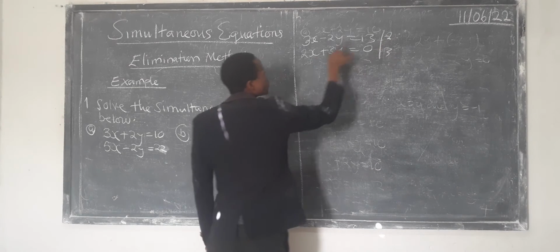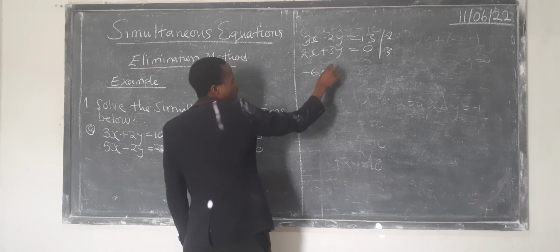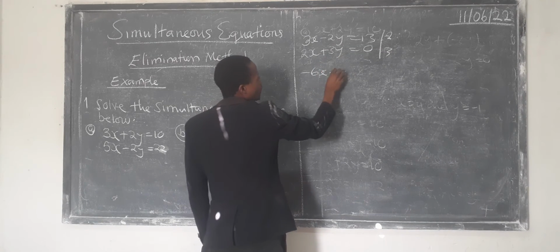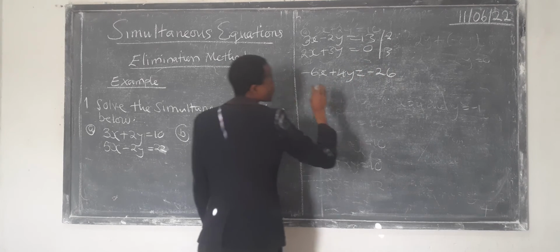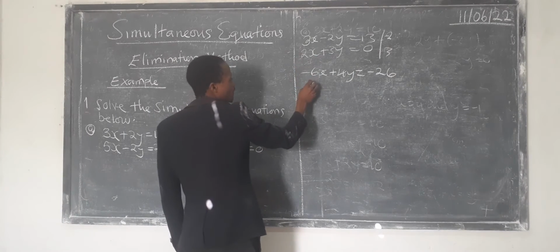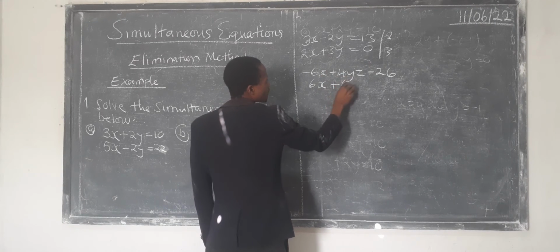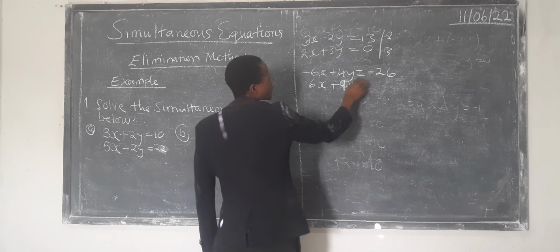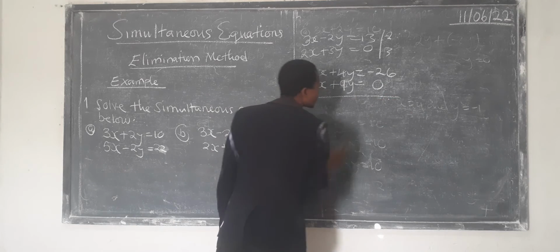So we have negative 2 times 3x, which gives negative 6x, and negative 2 times negative 2y, which gives positive 4y, equal to negative 26. Then 3 times 2x is 6x, and 3 times 3y is positive 9y, equal to 3 times 0, which is 0. Then you add the two equations.